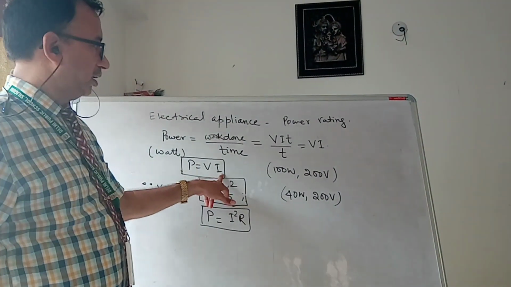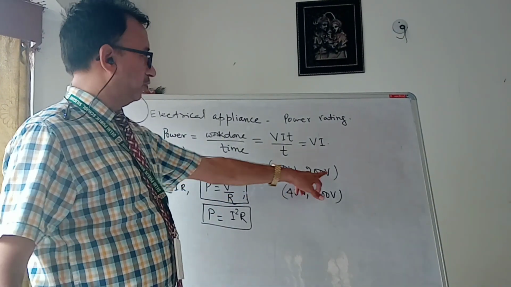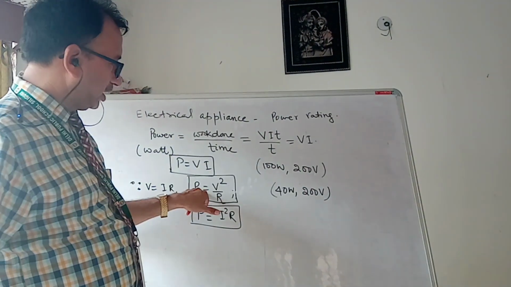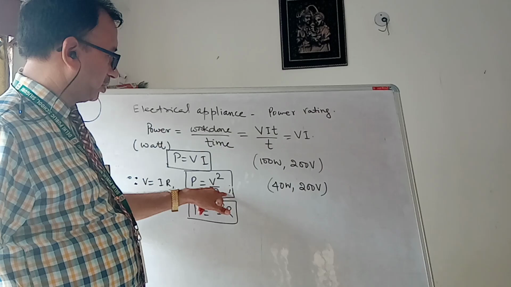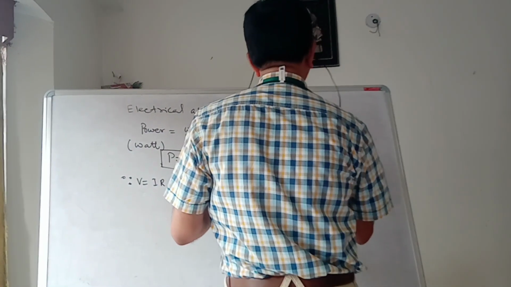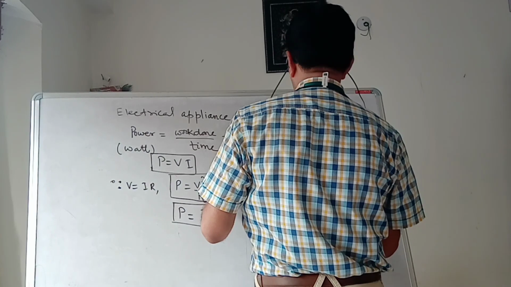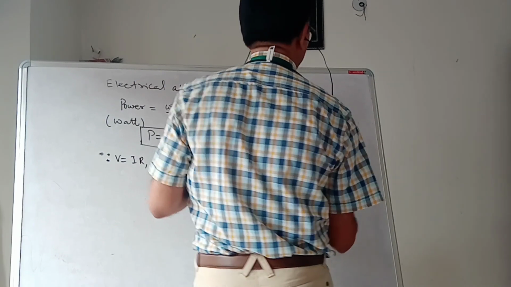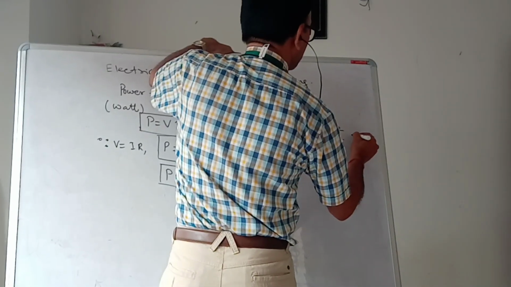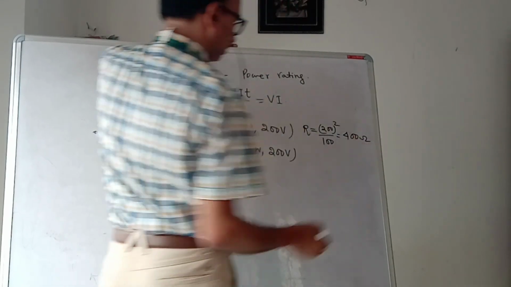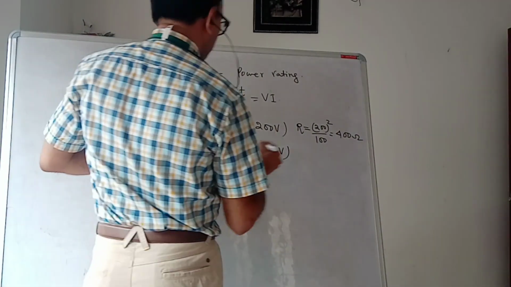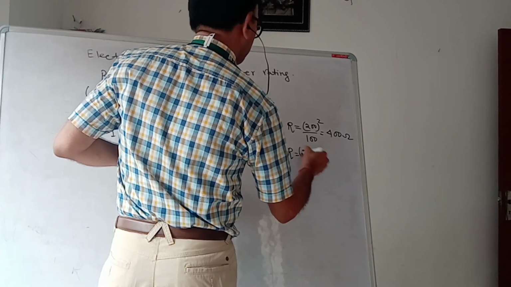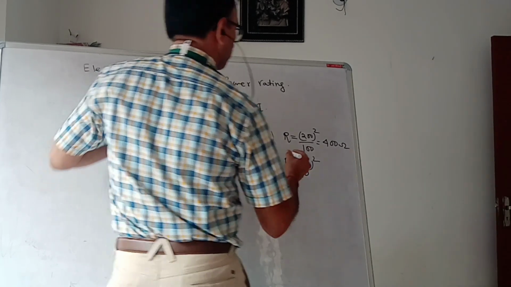P equals VI, so you can calculate the current, or you can calculate the resistance from P equals V square by R. The R will be 200 square divided by 100, which is 400 ohm. Now the second bulb will have a resistance of 200 square divided by 40. What will be the answer?